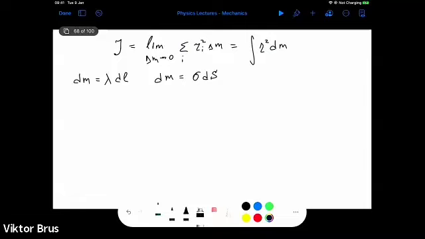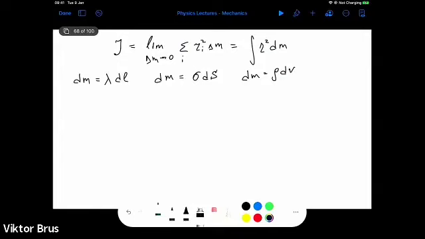So sigma is the surface mass density, and dS is a very small area of this plane. So surface mass density will be like kilos per square meter. And the third case, dm is rho dV. So rho is the classical density, kilos per cubic meter, and dV is a very small part of the volume, an elementary volume of the rigid body which we consider in 3 dimensions.